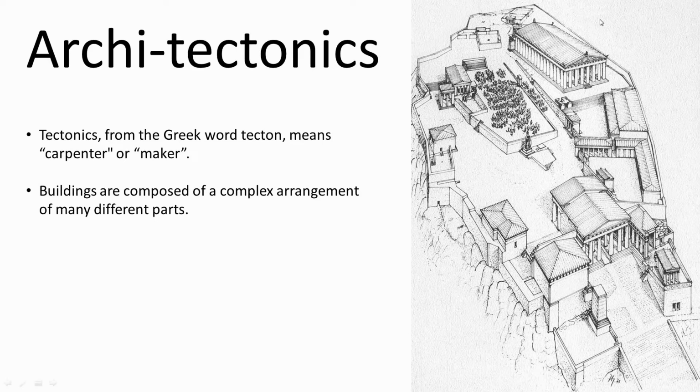I think we can just stop and think about that one for a moment. Probably something that we just take for granted. Buildings are arrangements of parts, things like the roof, the walls, the columns, the floor, the ceiling, the enclosure, the glass, whatever it is. Obviously, all of those things come together to create a building.